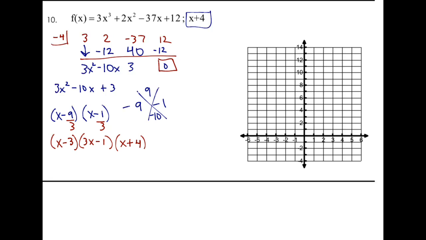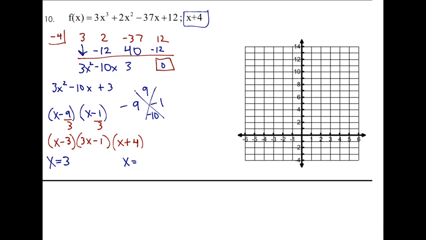We know that this is going to become x is equal to a +3. We know this is going to be x is equal to a -4. And then we got to set this equal to 0 and solve it.